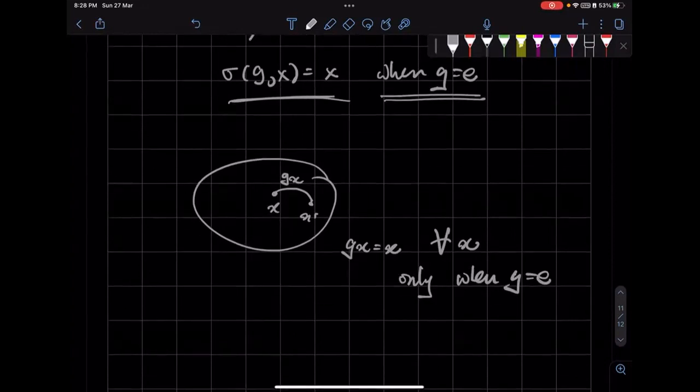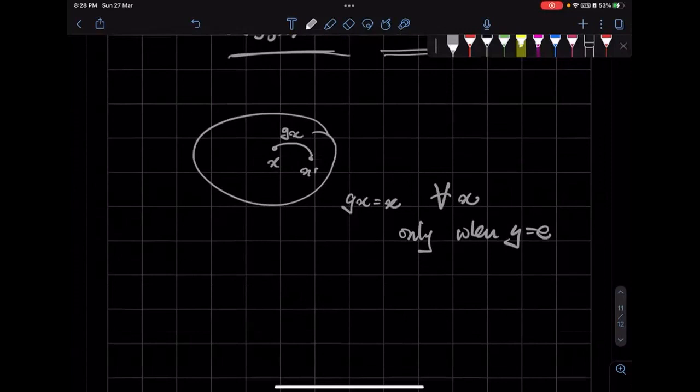So now, how does this relate to our particular example? Our particular example was that G acting on the North Pole, so it was P north, satisfies this thing, right?